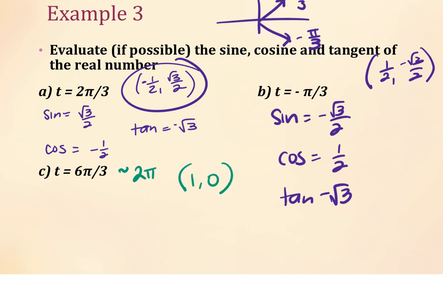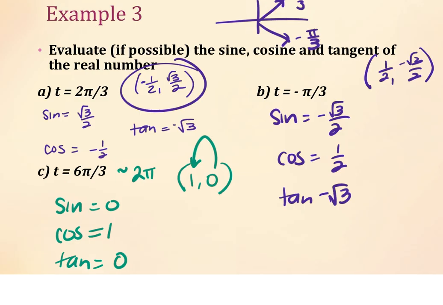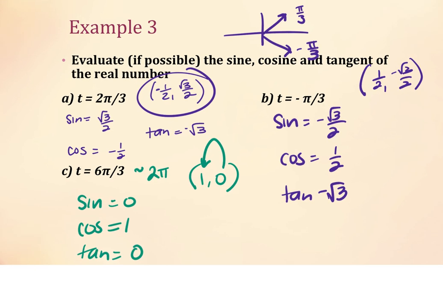It's on the right. So sine, 0. Cosine, 1. Tan, y over x. So 0 divided by 1 is 0. Tangent is 0 on the right and the left, and undefined at the top and bottom. Still good?